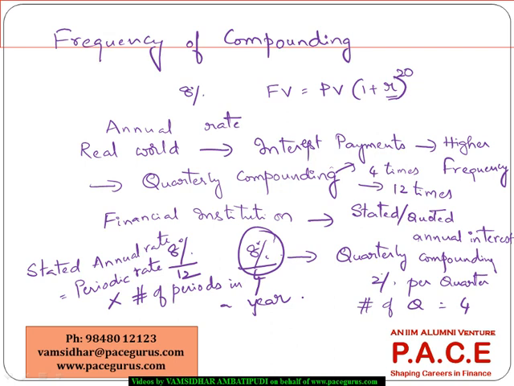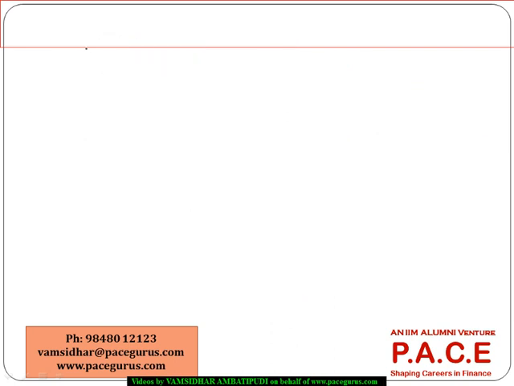So the simple logic of linking it, if the compounding frequency is lesser than a year, 2 times, 3 times, 10 times, whatever it is, if the compounding frequency is more during a year, the future value formula gets changed to present value times 1 plus the stated or quoted rate divided by the number of periods in a year, to the power of number of periods in a year multiplied by number of years.